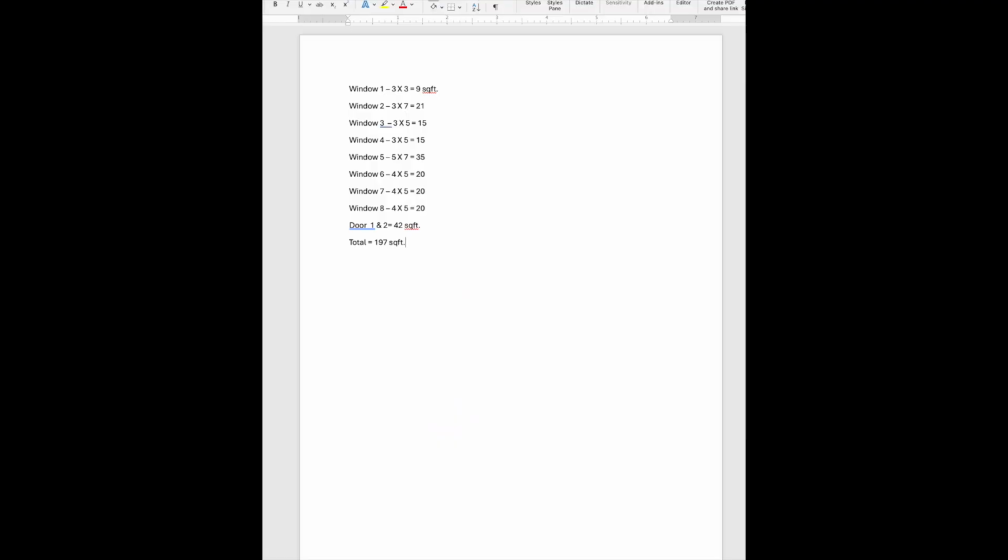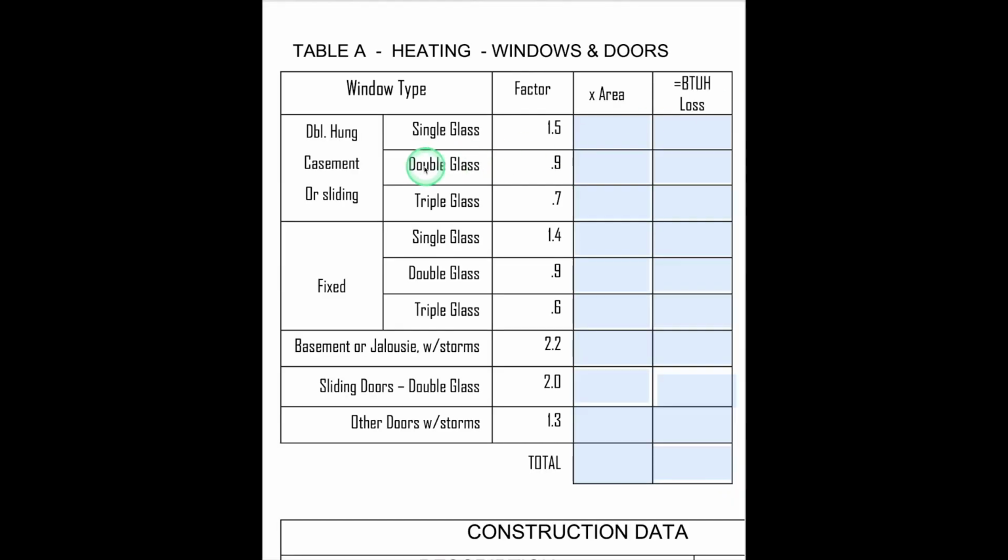Okay, let's go back to our worksheet. So in this example, we're going to use a double glass. And I believe we had a total, let's see, we know the doors were 42 square feet for two doors at 21 square feet each. And then the windows, I actually forgot the number.